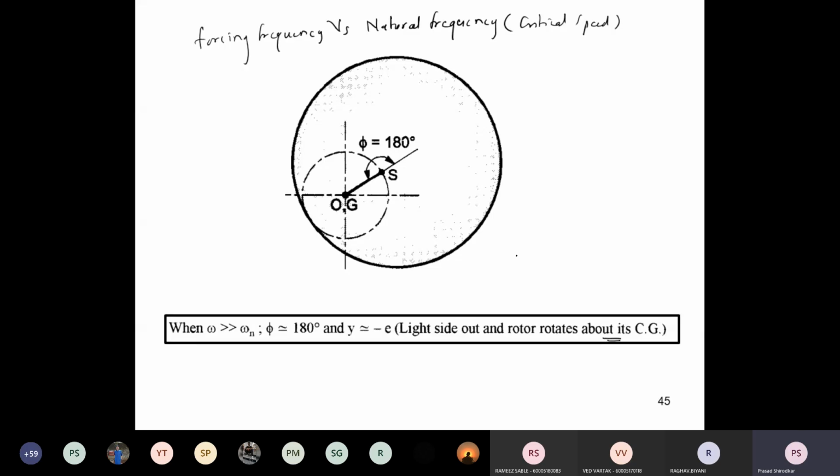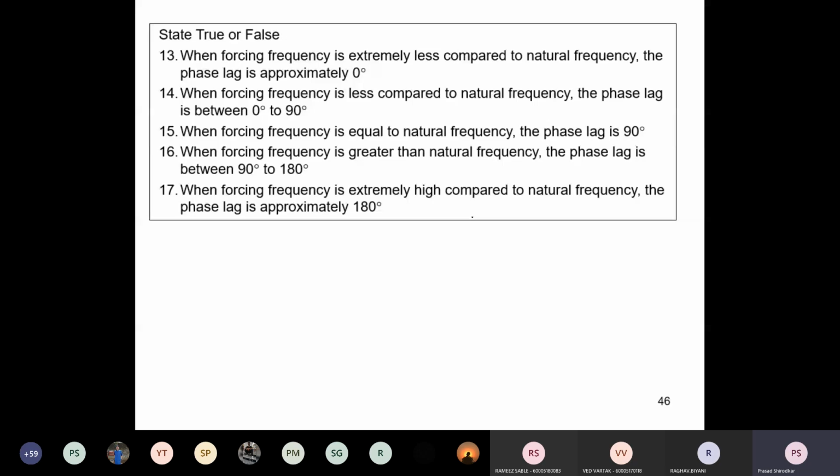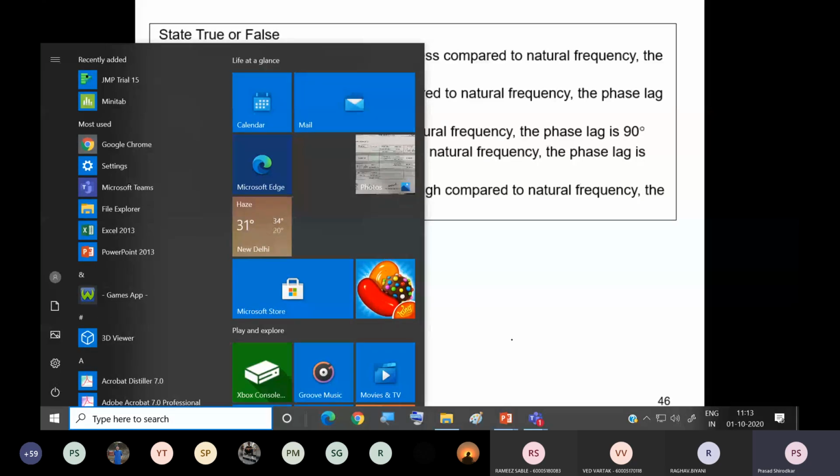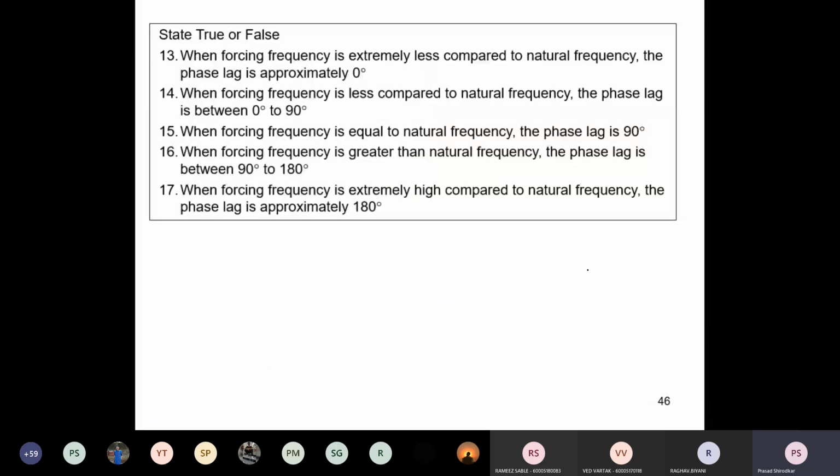Okay, answer these last quiz questions and you can submit the quiz now. You have to answer till quiz question number 17, and you can submit. You have till the end of the lecture. These are all true and false questions. So you have till the end of the lecture to submit it.